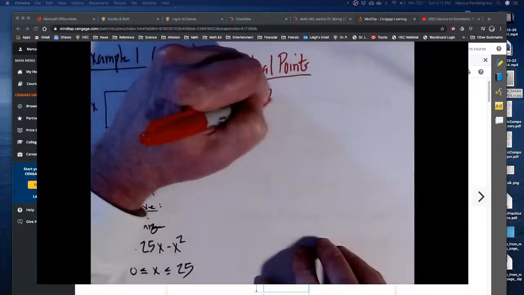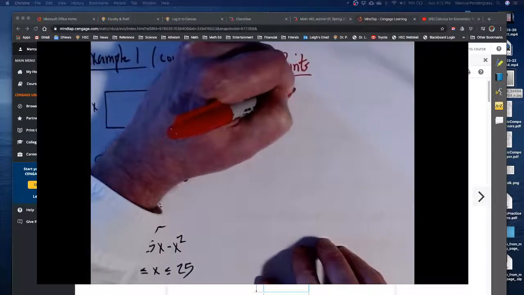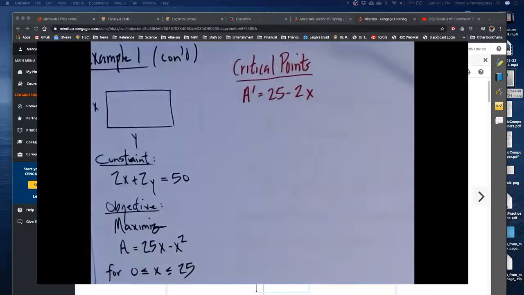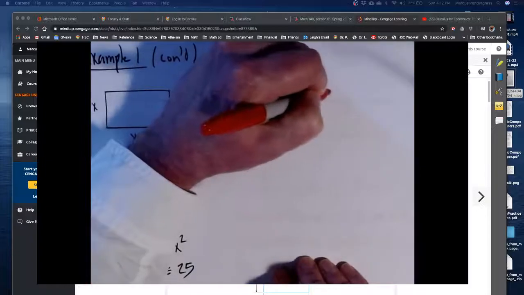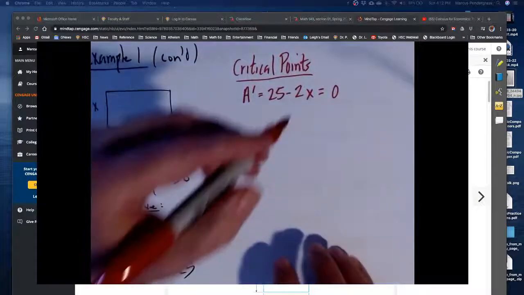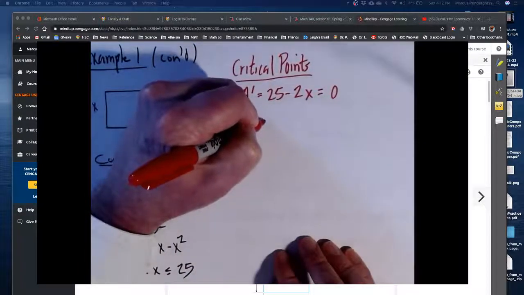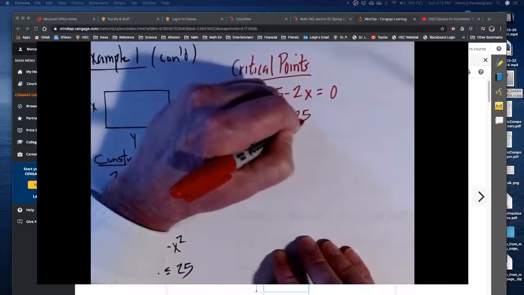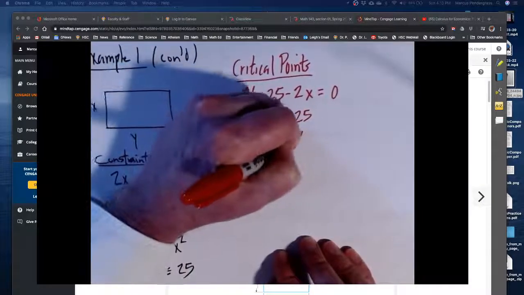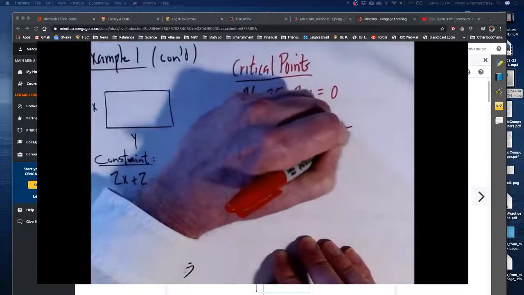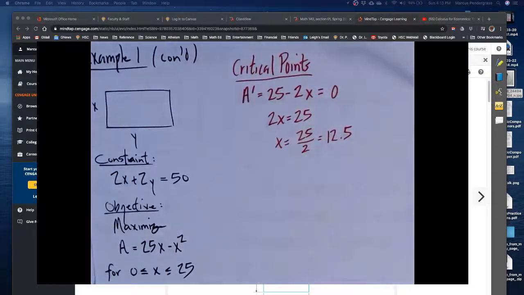That's just 25 minus 2x. So the critical points are the places where this is equal to 0, because it's never undefined. And you get 2x equal 25, or x equals 25 over 2, which is 12.5. So that's our critical point.